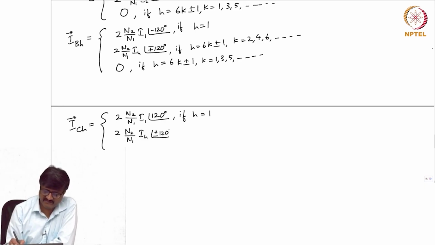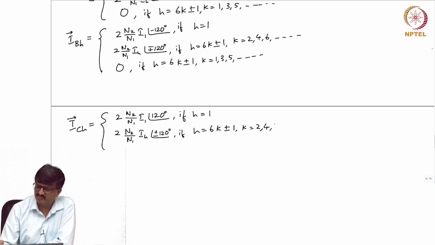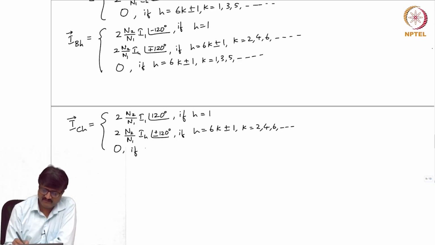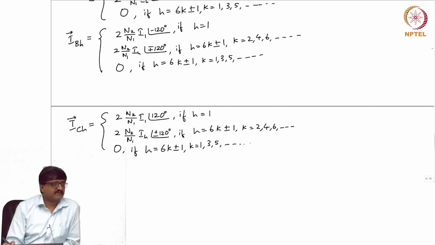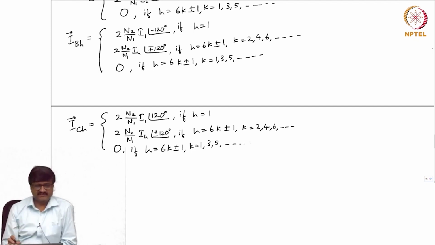Again, please derive this, if H is equal to 6K plus minus 1, K is equal to 2, 4, 6, and so on, and it is 0 if H is equal to 6K plus minus 1, K is equal to 1, 3, 5, and so on. So, I am asking you to derive these expressions for IBH and ICH. I only derived for IAH.